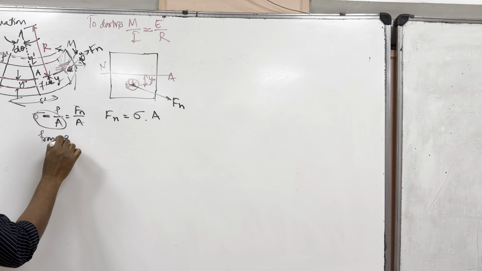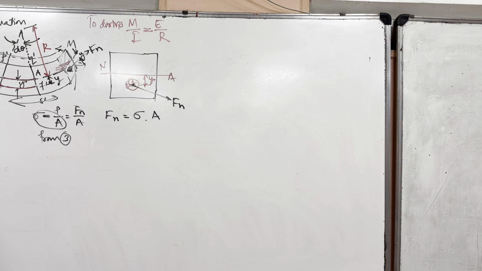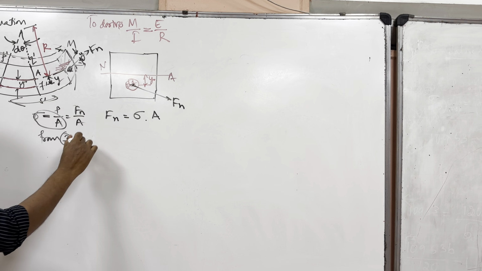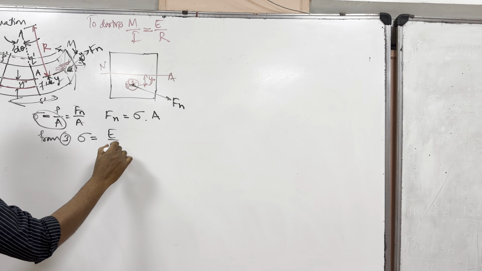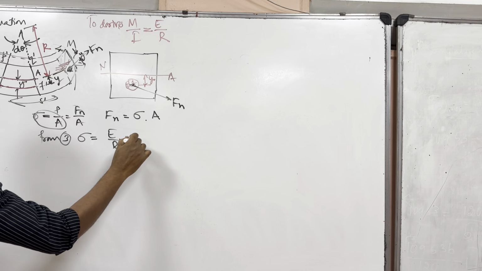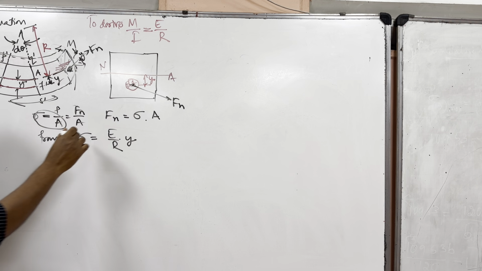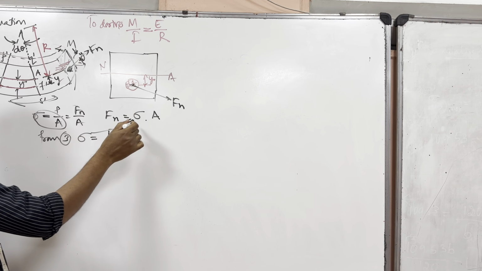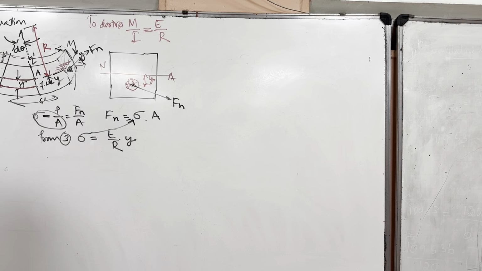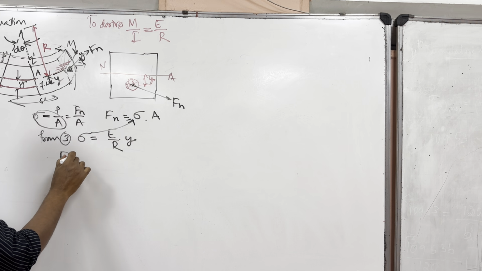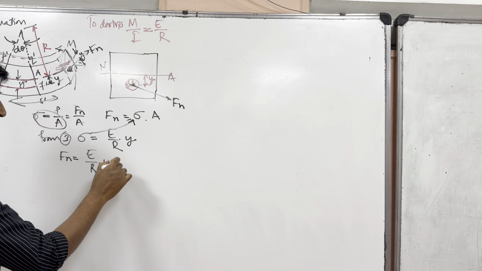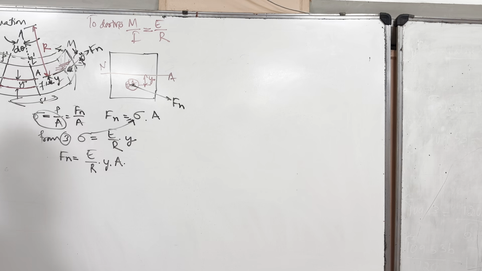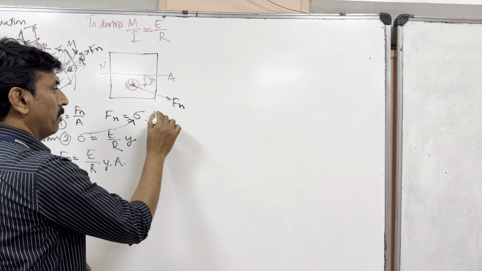But from equation 3, I already know that sigma is equal to what? So E by R into Y. So let me substitute this sigma value here. So this equation becomes Fn is equal to E by R into Y into, basically this is elemental area dA.